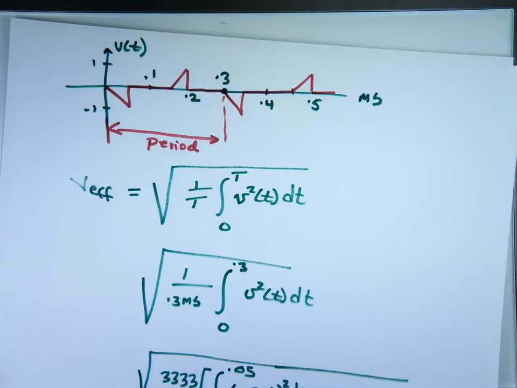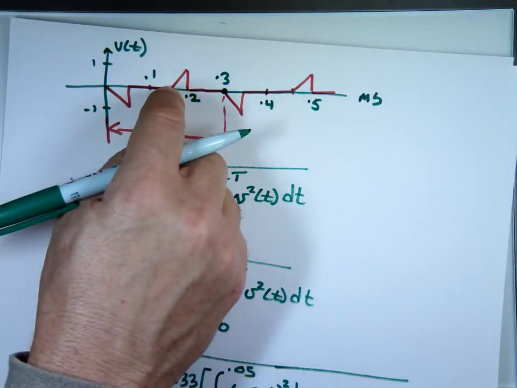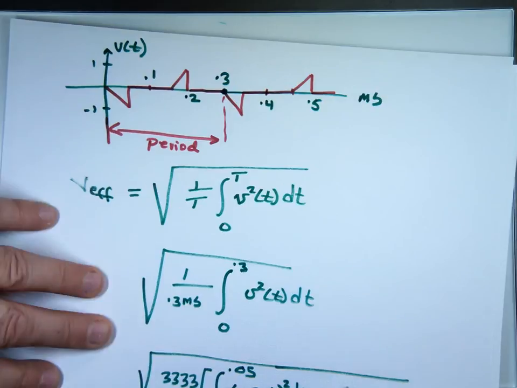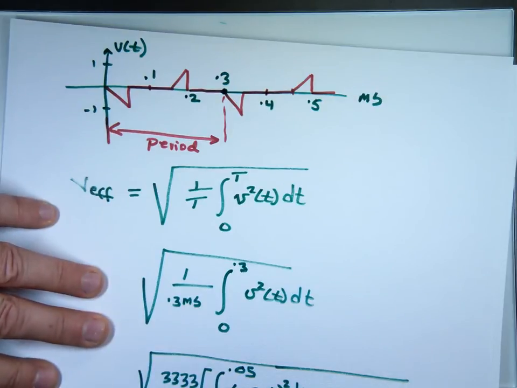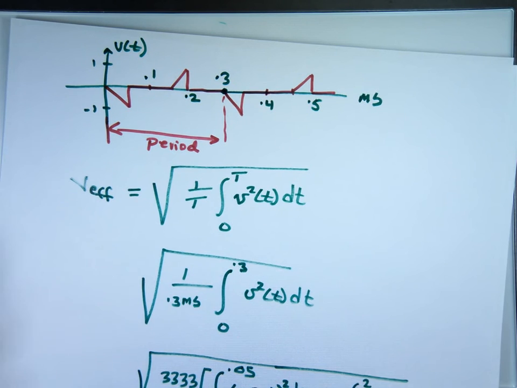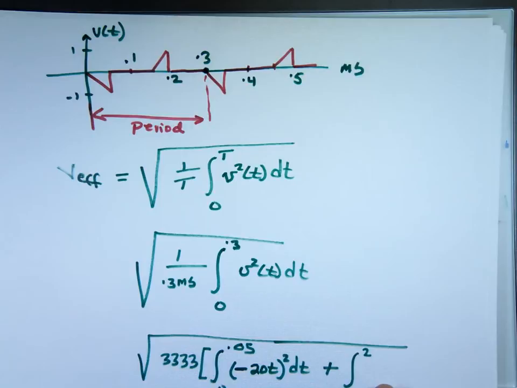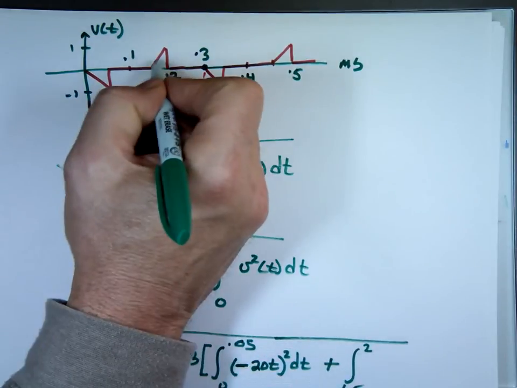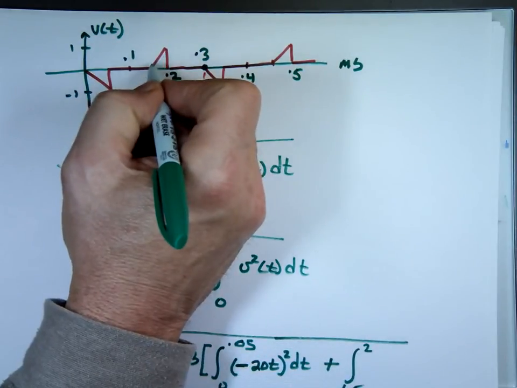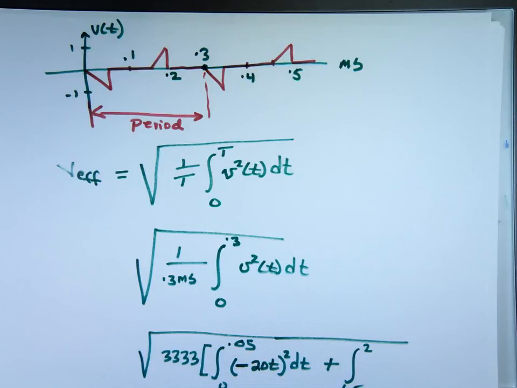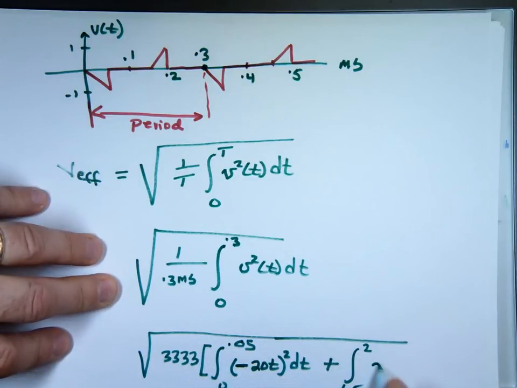And what about from here to here? That's from 0.15 to 0.2. And what's that function? What's the equation for that? Doesn't it have a slope of plus 20? But that's not enough.